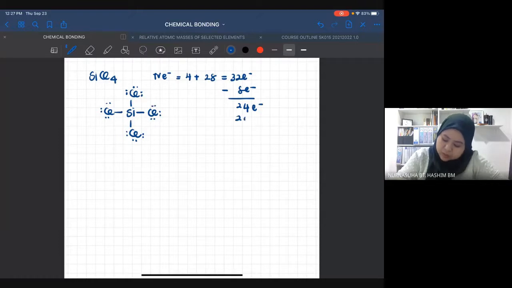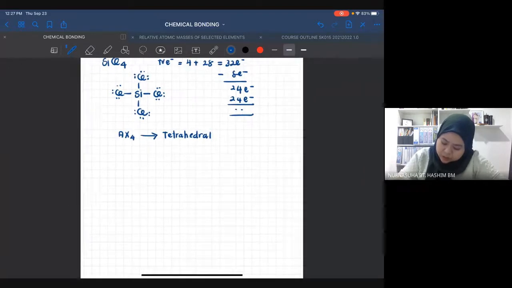So no remaining electrons. Okay, so this is the shape. Now determine its class. This is AX4. If AX4, the shape is tetrahedral. So redraw the shape of the molecule.